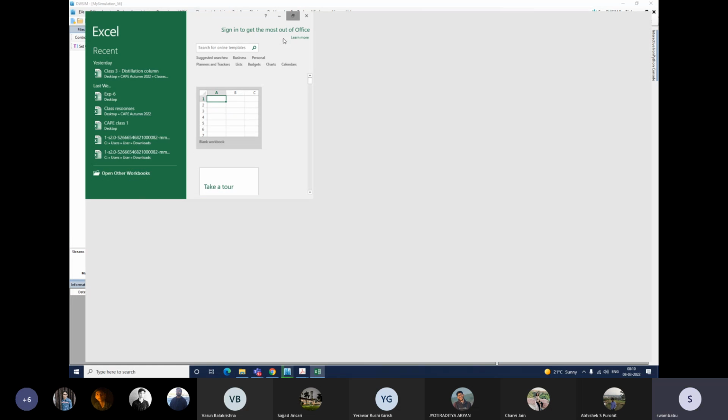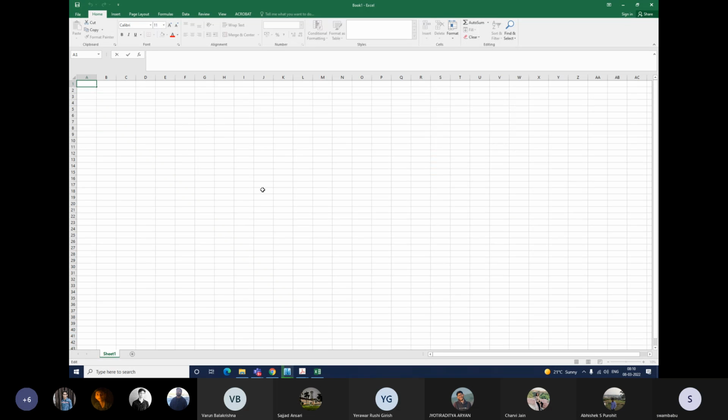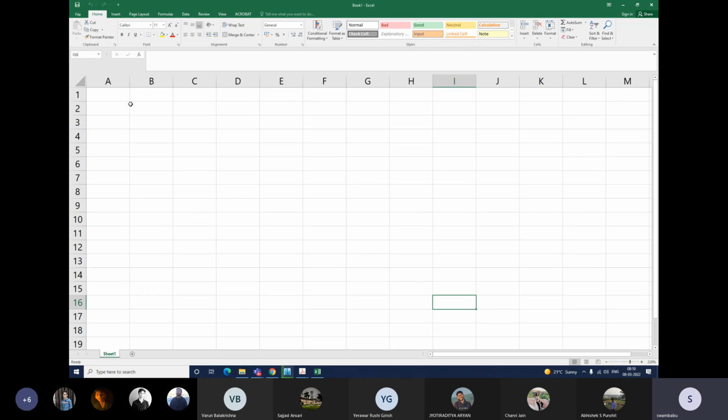In the simple distillation column, we can find out the number of theoretical trays, actual trays, and reflux ratio, and the feed tray.